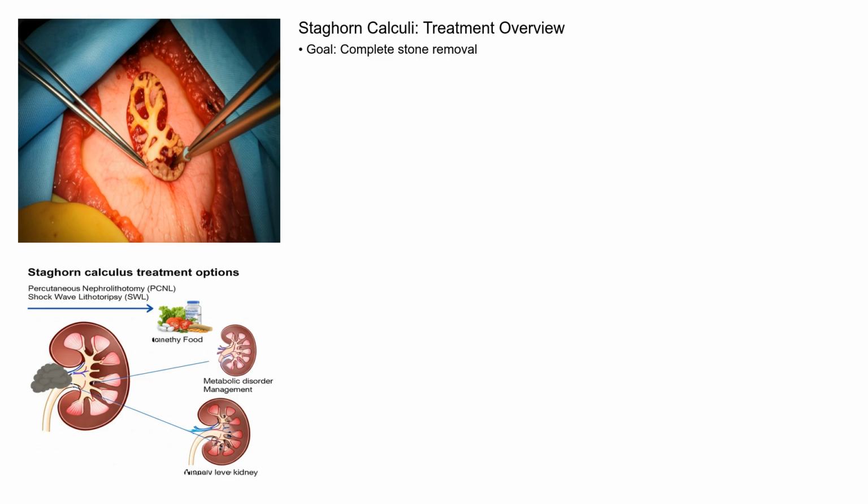Sometimes, shock wave lithotripsy, which uses shock waves to fragment the stone, may be considered for smaller, less complex Staghorn calculi. Open surgery is reserved for complex cases where other techniques are not feasible. Following stone removal, long-term antibiotic therapy may be necessary to suppress residual infection and prevent recurrence. Furthermore, addressing any underlying metabolic disorders is crucial.